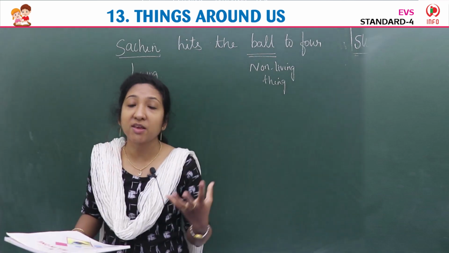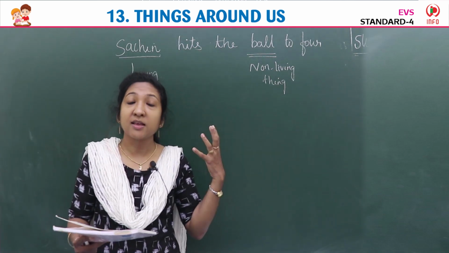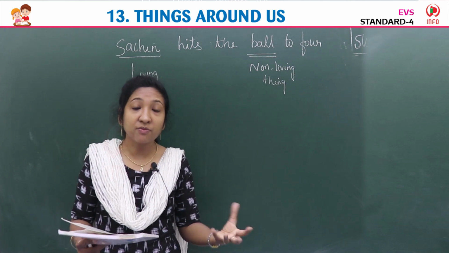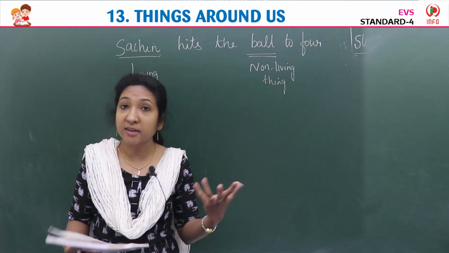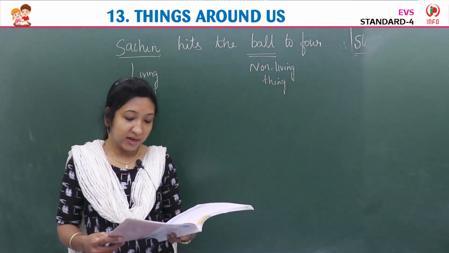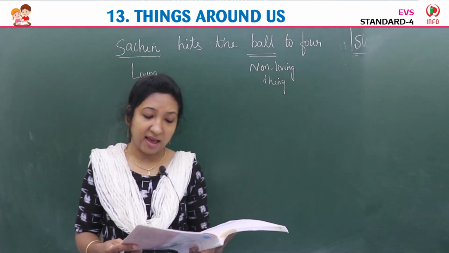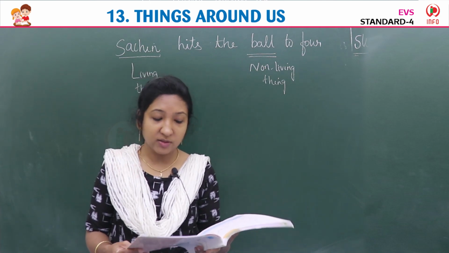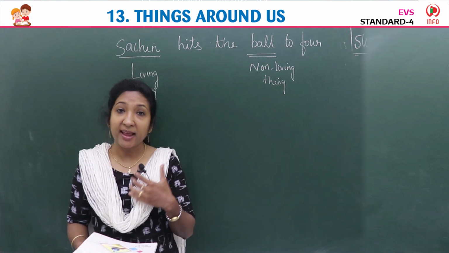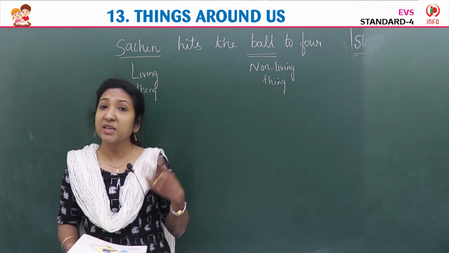The world we are living in, we have many things around us. In that, living things are there, things that have life, and non-living things are there, the things that do not have life. Living things have basic needs such as air, water, food and shelter if they are to survive. Means living things like us, we need water, we need food.